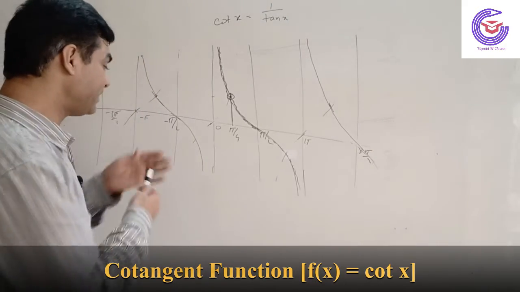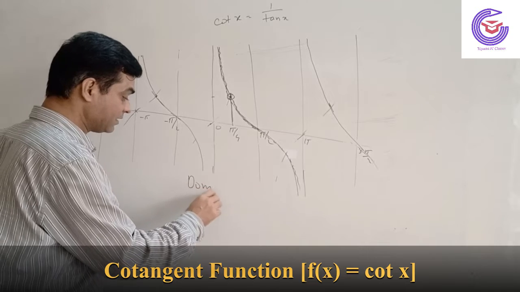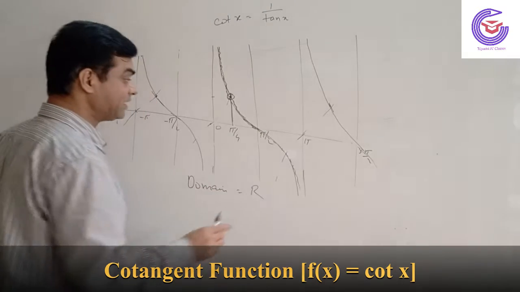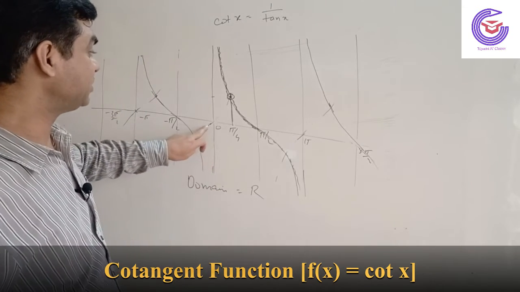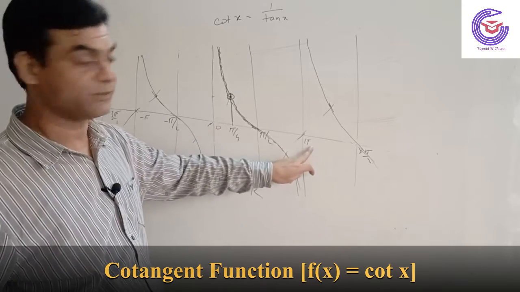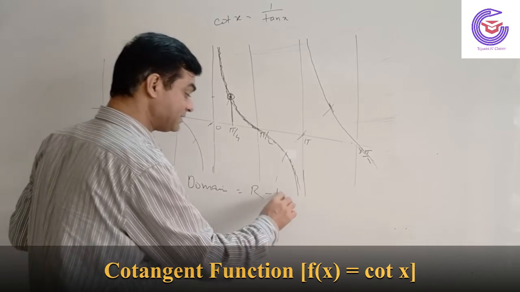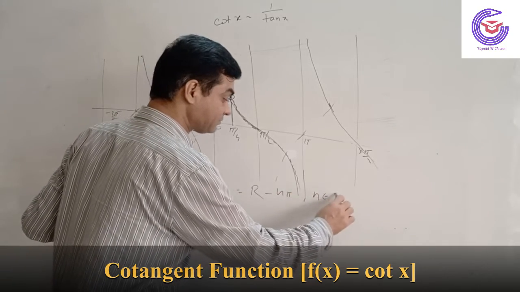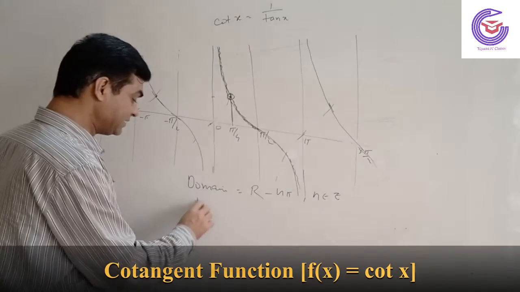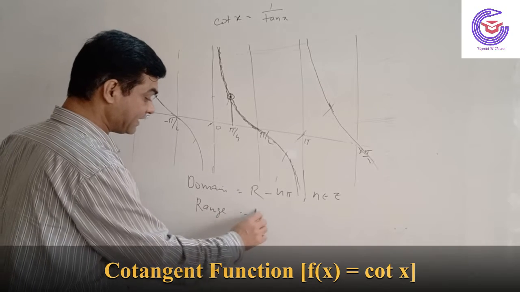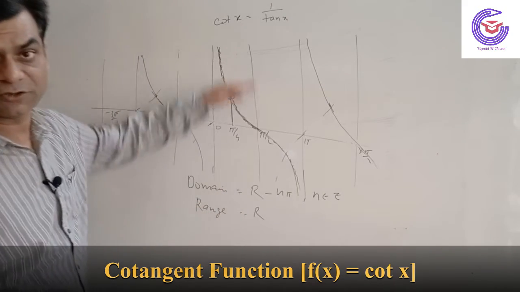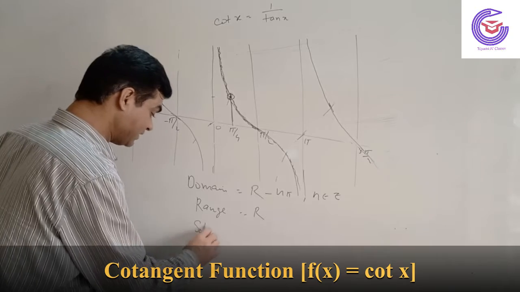So now what is the domain? Domain is again R, but you have to exclude which points? Exclude 0, exclude pi, because at these points the function becomes undefined. So R minus n pi, where n is an integer. What is the range? This is again R, because it is varying from minus infinity to plus infinity. And what is the solution in this case?